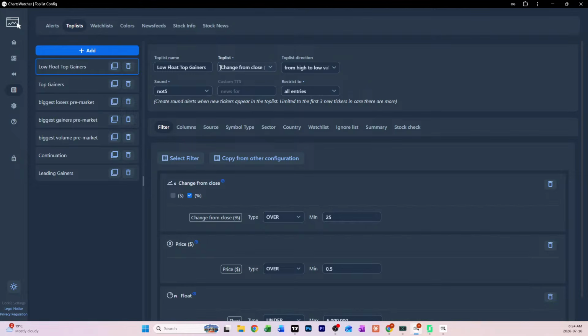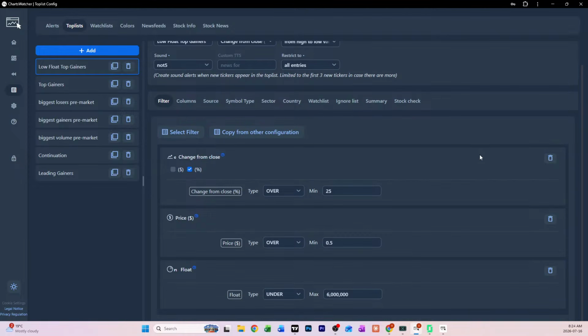So the top list direction is change from close, from high to low values. And the filter on the low float top gainers needs to be up over 25% because this is my stock selection criteria. I prefer to be trading stuff that's over 25%.